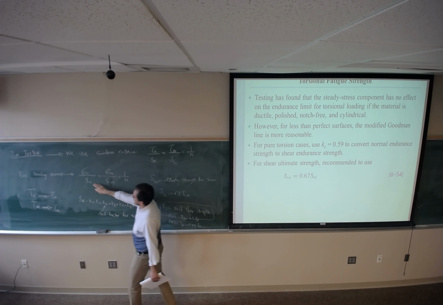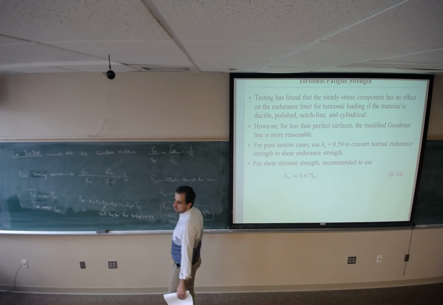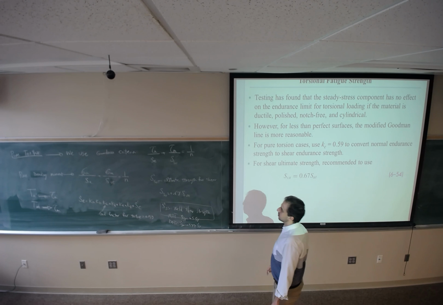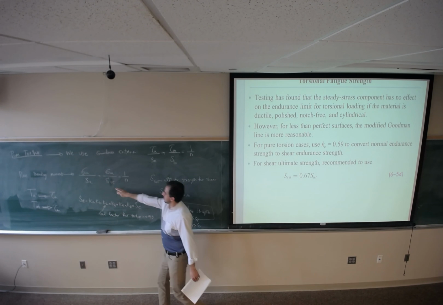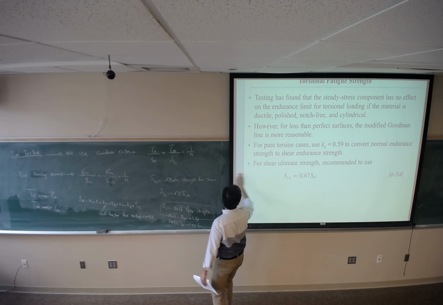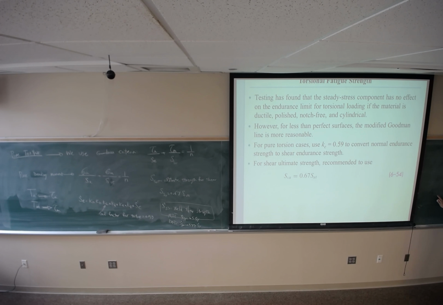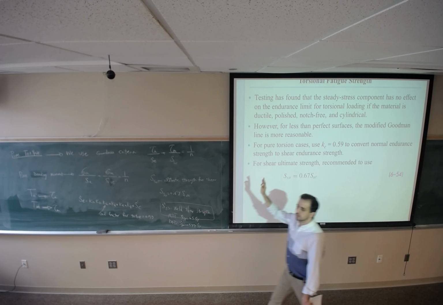SE is not going to change, we just apply the new load factor. And S ultimate is going to change to SSU, which is going to be 0.65 times S ultimate. So this is how we can use this for pure torque.